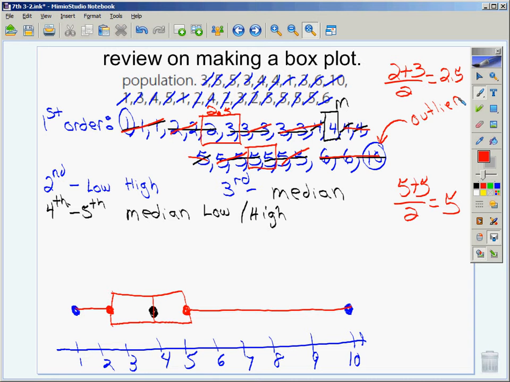You're going to have a problem today where it says create the box plot with the outlier. That's what we did. And then create one without the outlier. So what you'd end up doing is throwing away the outlier, rewriting the list, and finding the low and the high. What would the low and the high be without the outlier? It'd be 1 and 6.